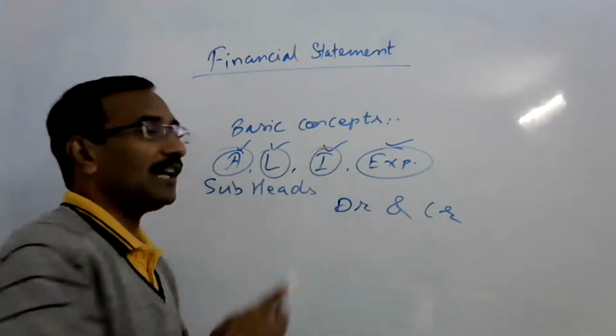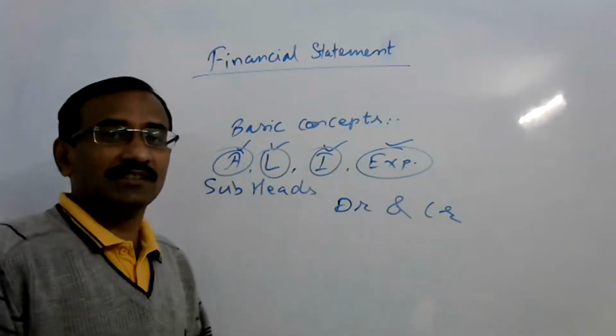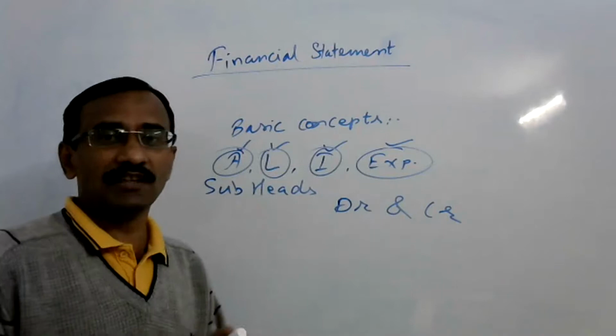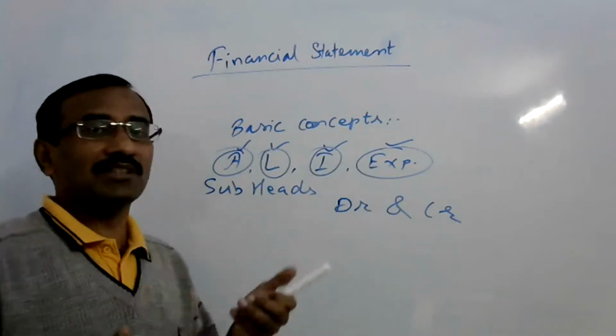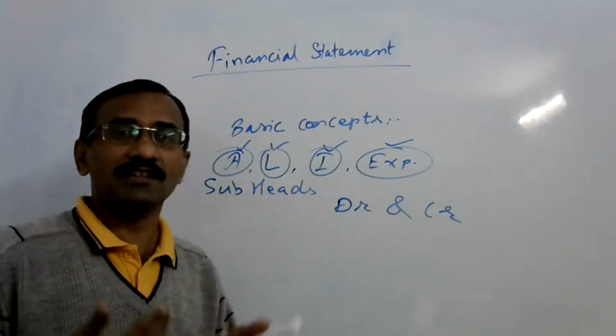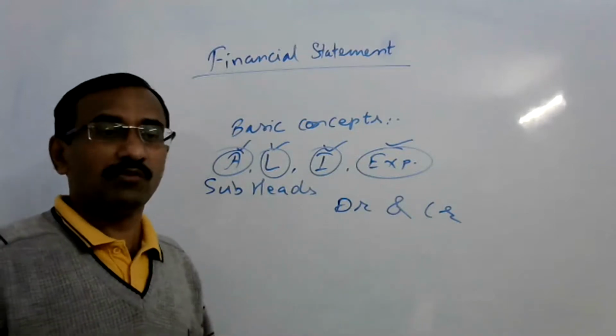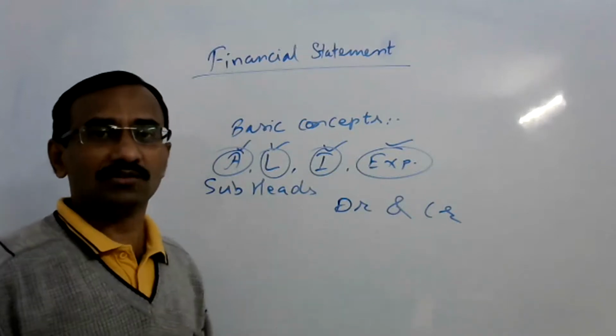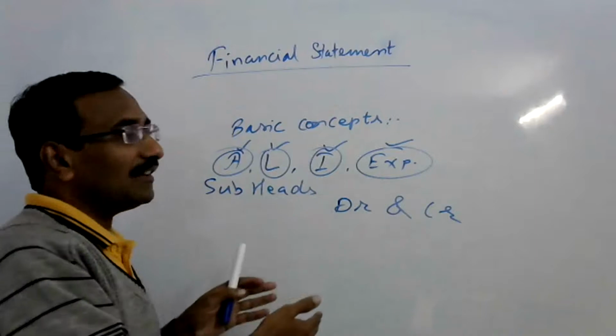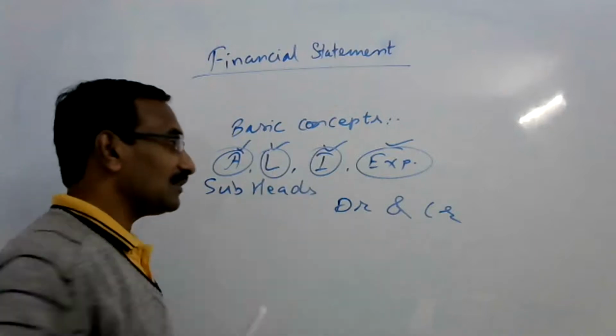And if a liability or income transaction has occurred, it will always be credit. But sometimes in liability and asset we have seen both debit and credit, because if an asset is acquired we debit, but if we sold the asset we credit also.